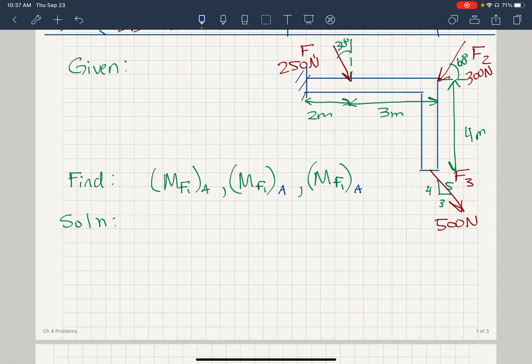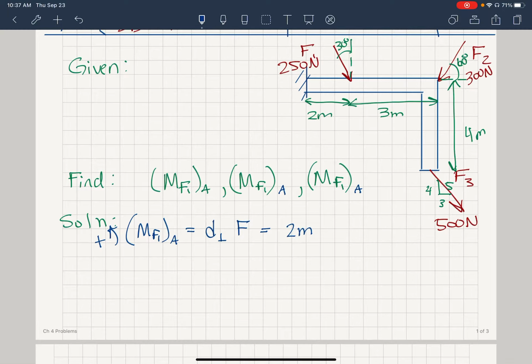So the moment of F1 about A would equal that perpendicular distance times the force. And then we're going to make it positive moment is out of the board. The perpendicular distance to that force is just going to be that 2 meters.